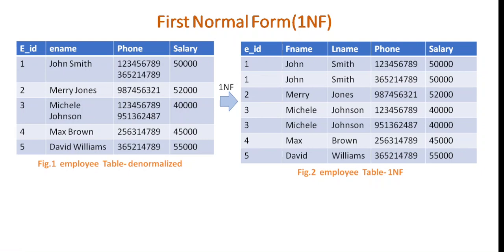Since employee number 1 has 2 phone numbers, both phone numbers are written in separate rows. Similarly, employee number 3 also has 2 phone numbers, so 2 separate rows are created for employee number 3. This is how we have removed the problem of multi-valued attributes.